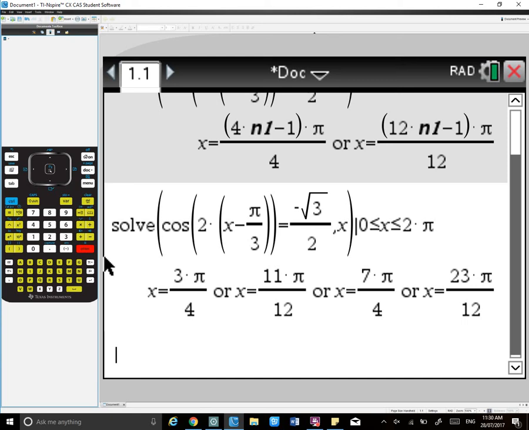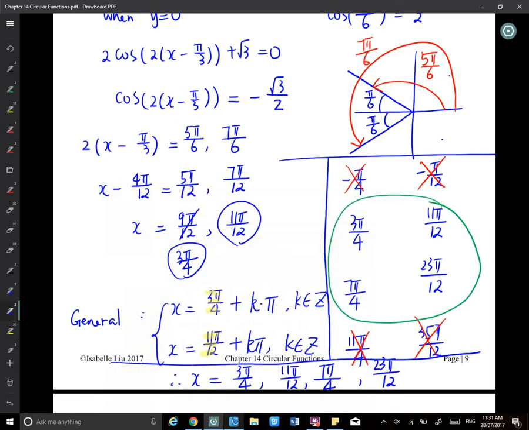You can only see the general solution. So that's the use of the calculator in solving that.